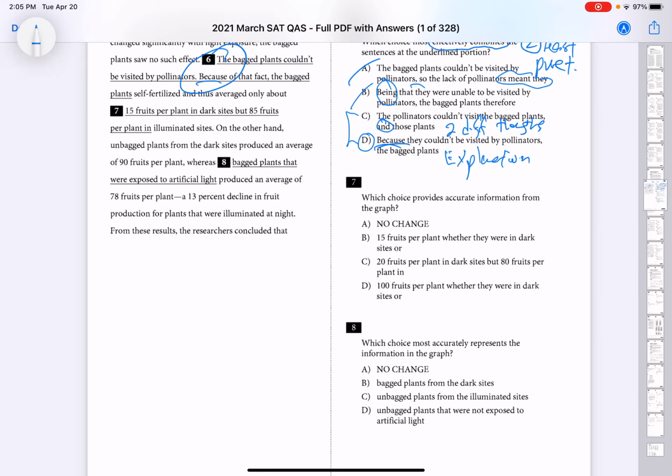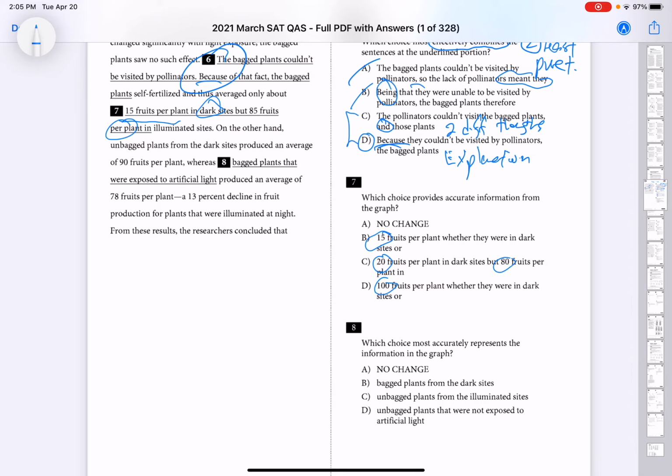And thus, okay, because it says because they couldn't be visited by pollinators, the bag plants self-fertilize and thus averaged about 15 fruits per plant in dark sites and 85 fruits per plant in the illuminated, or 15 fruits per plant whether they were in dark sites or illuminated sites, 20 fruits, 80 fruits, 100, and so on.